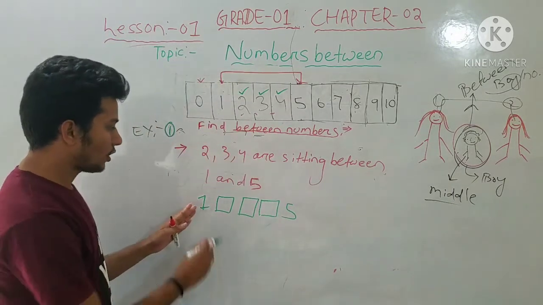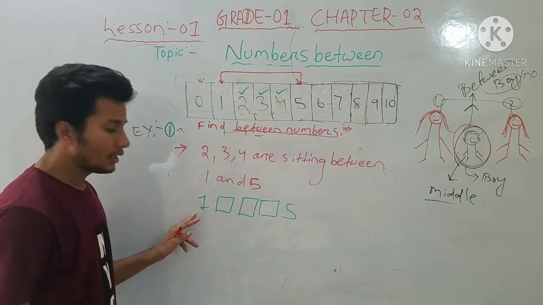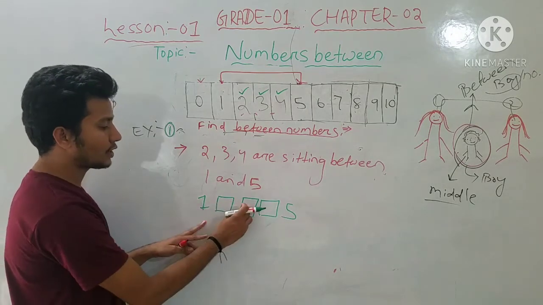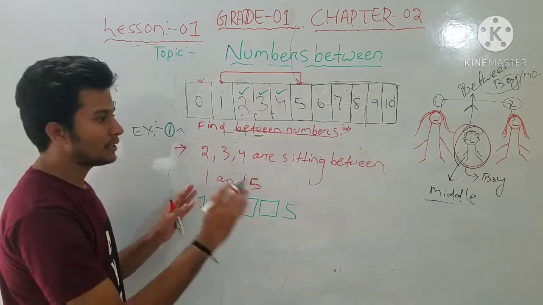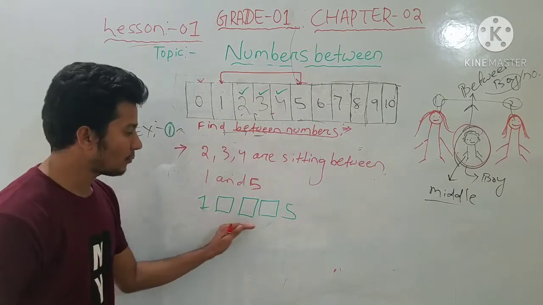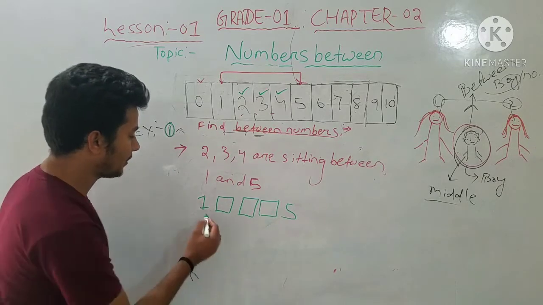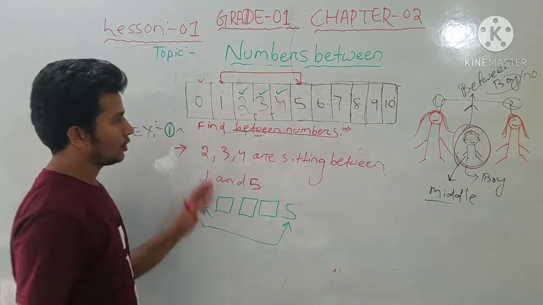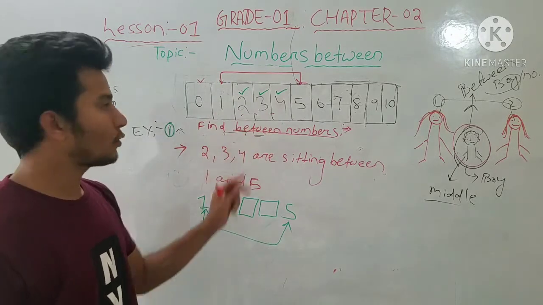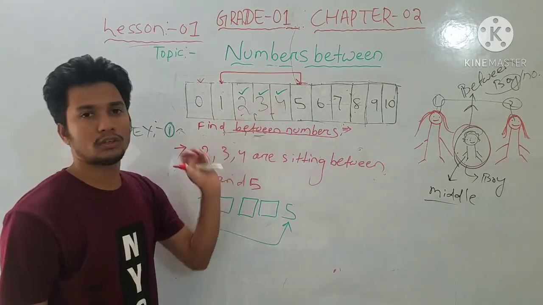Okay. So here in this example, 1 is given, there are 3 dashes given, and 5 is given. It means he is asking what are the numbers in between 1 and 5. I told you that is 2, 3, 4. Okay.